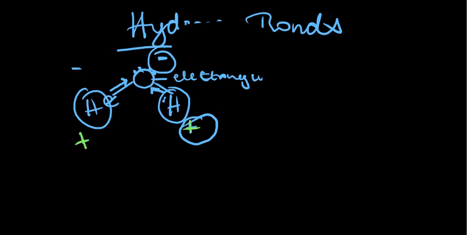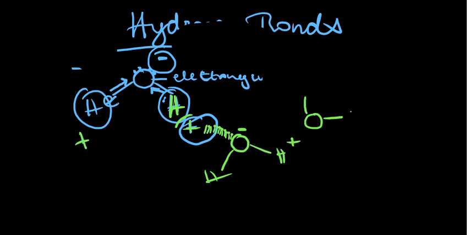If we have another water molecule here, the positive end of this water molecule is going to be attracted to the negative end of a different water molecule. And the same goes for the hydrogen. The hydrogen will keep getting attracted to the oxygen.